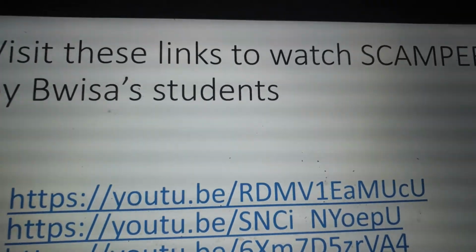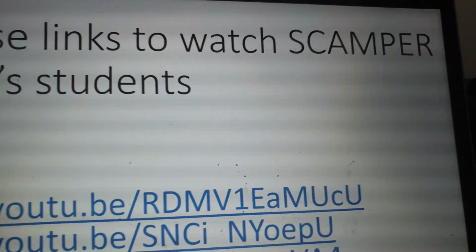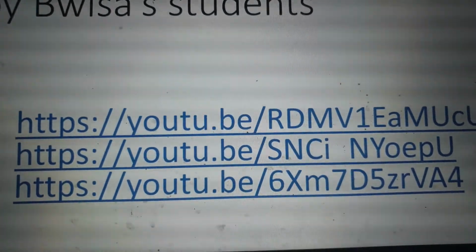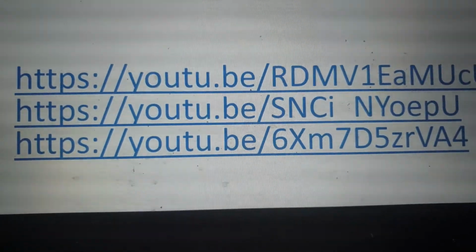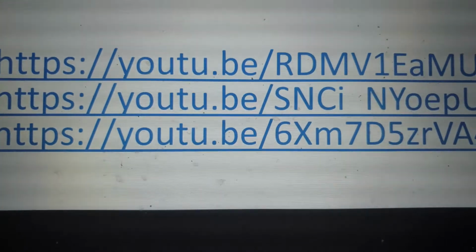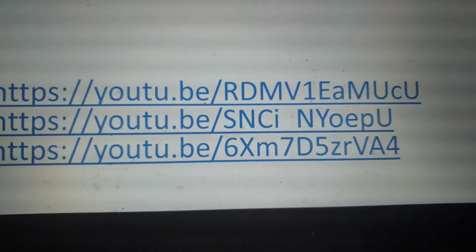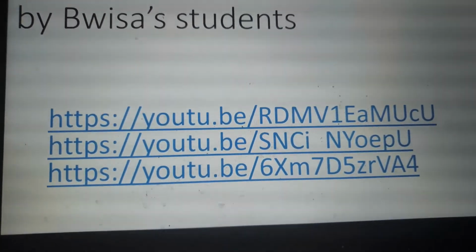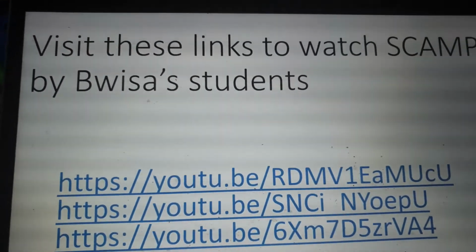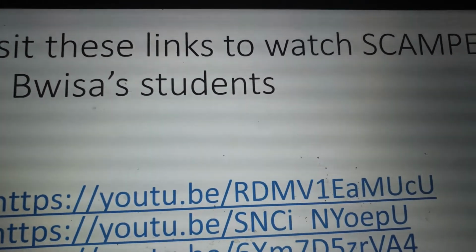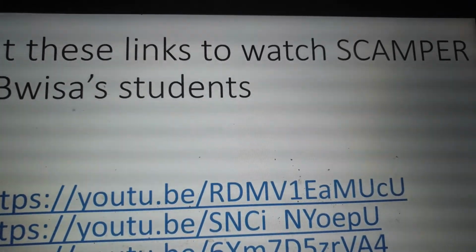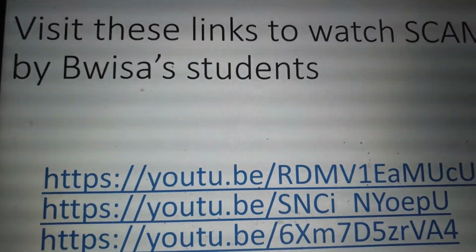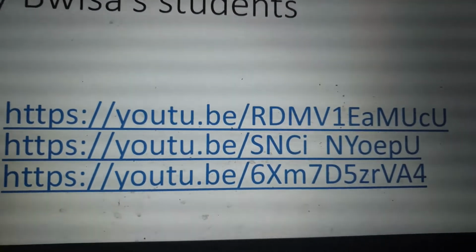Now, visit these links to watch Scamper by Bugema students. Your past colleagues have scampered, and look at these links. You will get what they have actually scampered. What am I saying? That if you visit these links, you will watch my past students and what they have scampered.